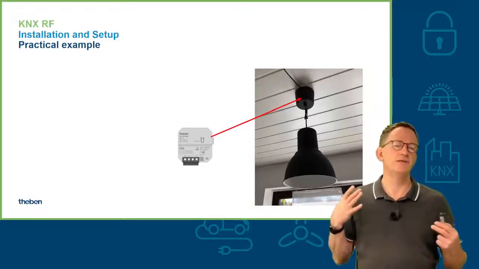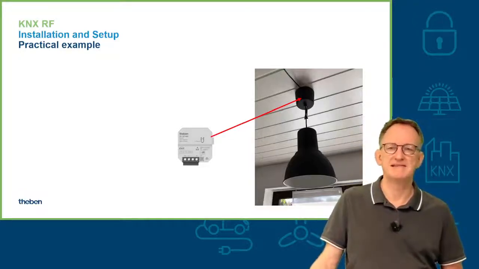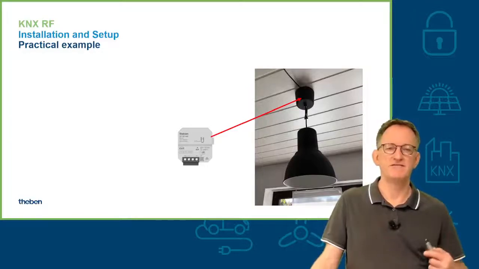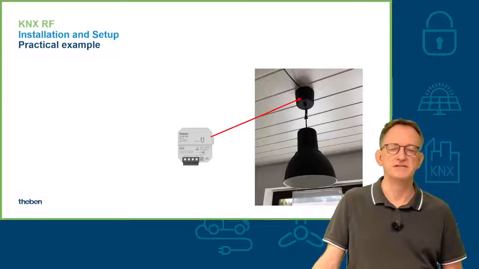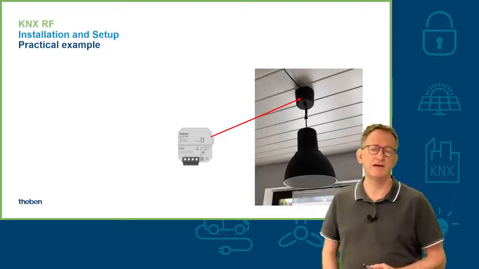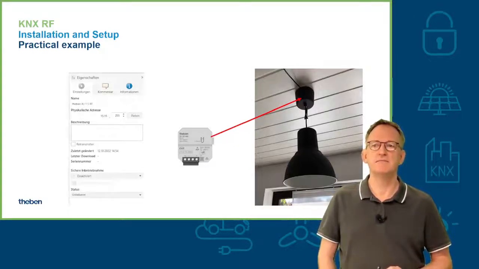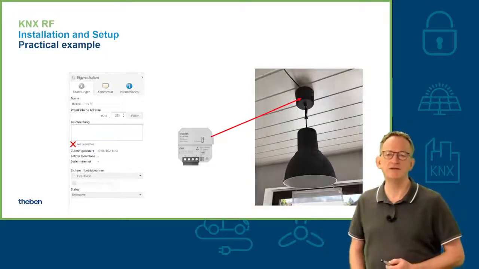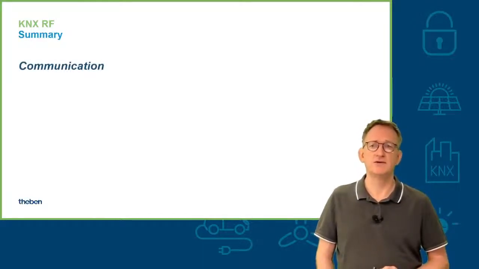Now you have a pretty good repeating position which can send telegrams to all of the devices in that room or in rooms next to it. So just think about where it's necessary, where you can place those kinds of devices. You just need 230 volt. Then configure this device as a repeater, and you have a good solution for that situation.